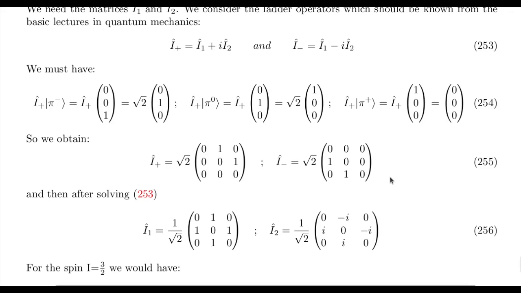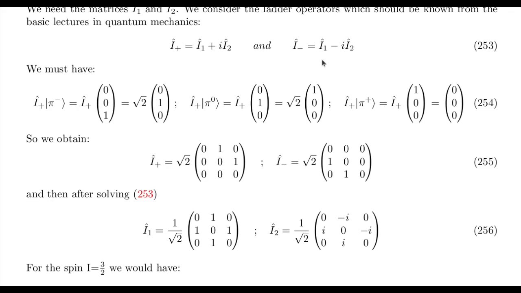And now we can determine the I1 and I2 operators. We substitute I plus and I minus here in 253. Then we have two equations with two unknown quantities, I1 and I2. And that is easy algebra.